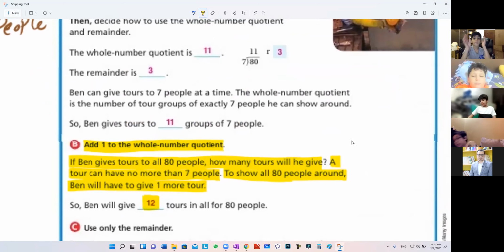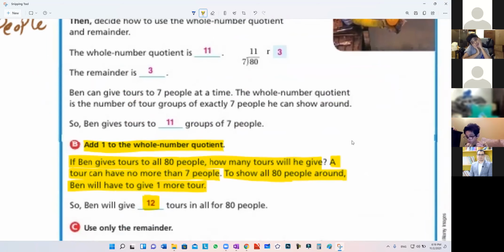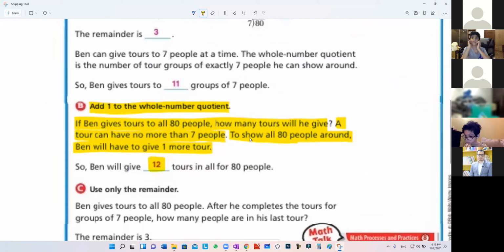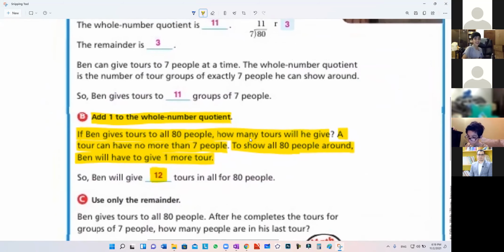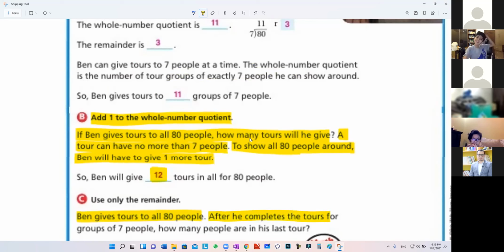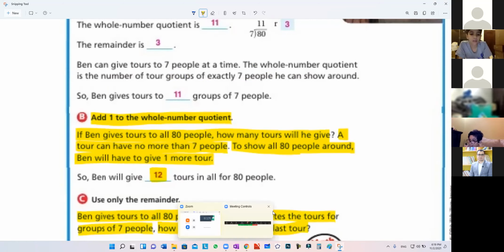Okay, what about Hussein al-Shaqqaq? Yes. Okay, let's use only the remainder. Can you help me with the next one? Yep. Let's read. Ben gives a tour to all 80 people after he completes the tour for groups of 7 people. How many people are in his last tour? The remainder is 3.